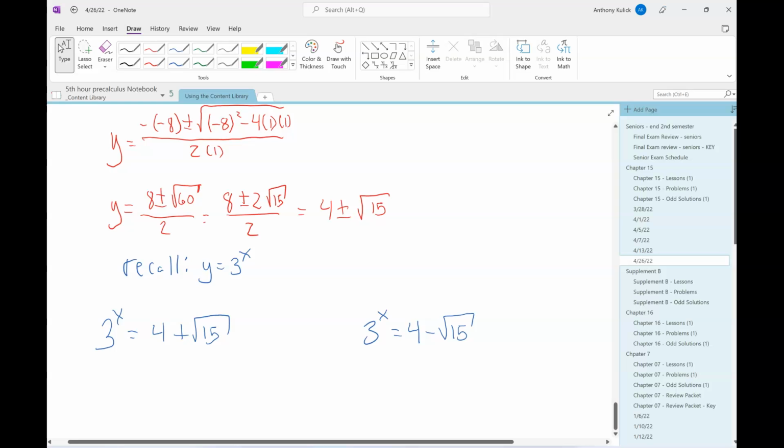So what do I need to do to solve for x now? I have 3 to the x equals 4 plus square root 15. What do I need to do to get the x by itself? A log, yes. Which logarithm? Log base 3.